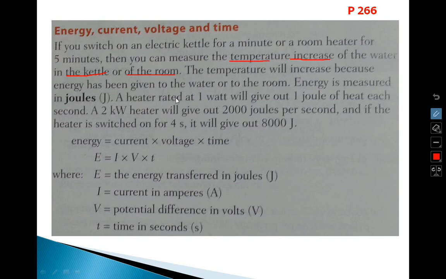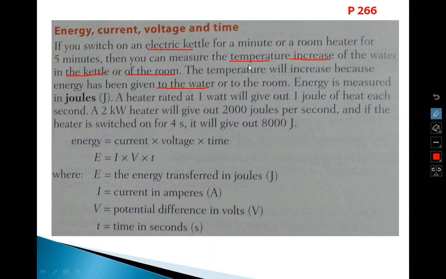The temperature will increase because of what? Because energy has been given to the water. There is energy transferring from this equipment, which is for example an electrical kettle, or the heater, or sometimes you can use an air condition.